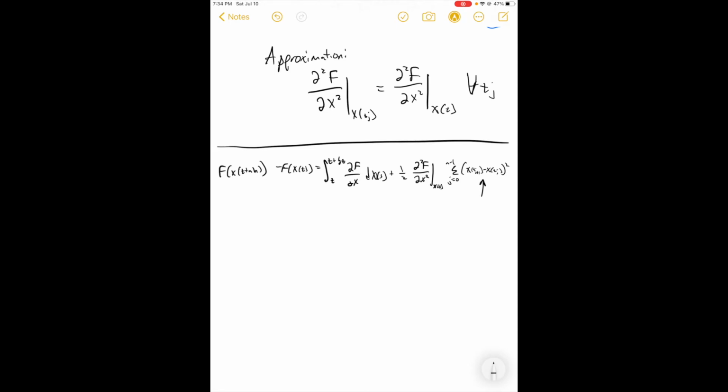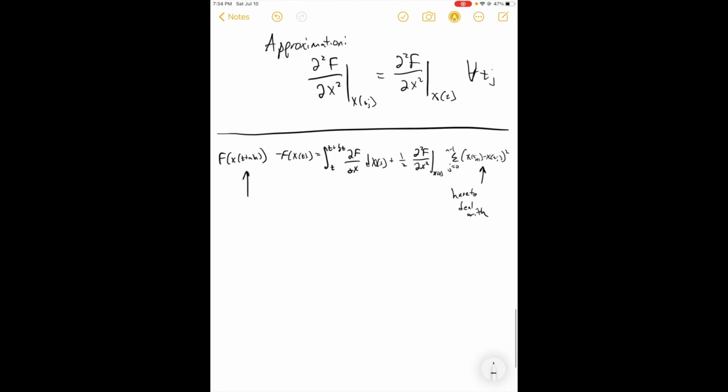Now this one, we're going to have to deal with. We'll do that in a minute. This one down here, f of x of t plus nh, is actually just exactly the same as f of x of t plus delta t.